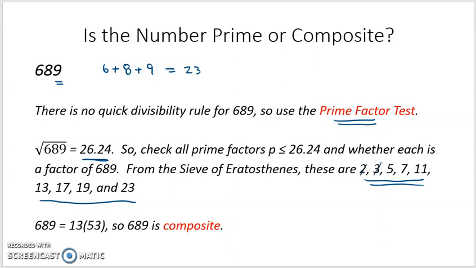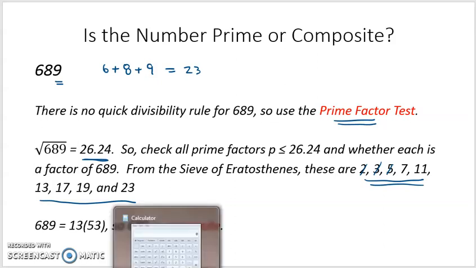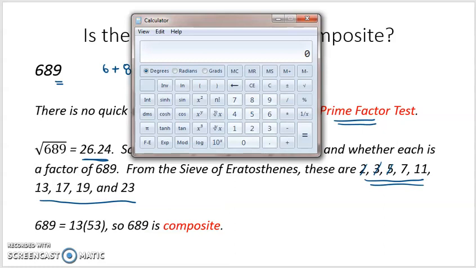I've already ruled out 3. 9 is not a prime, so I don't need to check that. 5 does not go into 689 evenly because the last digit's not a 0 or 5. Off the top of my head, I don't know the divisibility rule for 7, and I don't know one for 19. So what I recommend you do is either long division or just bring up your calculator.